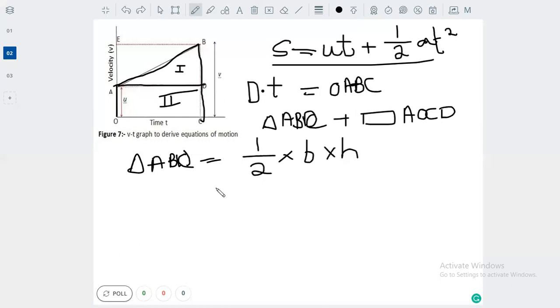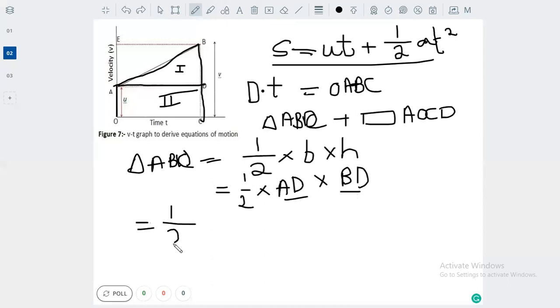So half into AD into the height, BD. Oh, sorry. It's so difficult to write with a mouse, right? If you have tried to write it, I'm just asking, it's so difficult. I feel it. So half into AD into BD, because AD is the base and BD is the height.